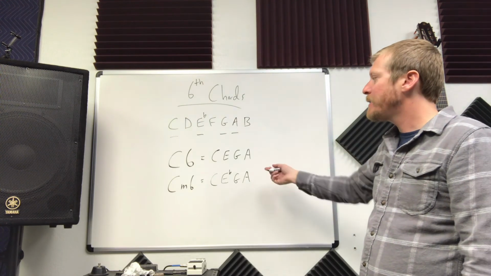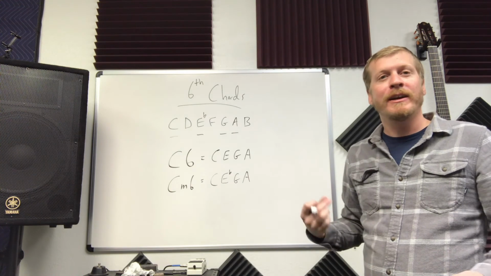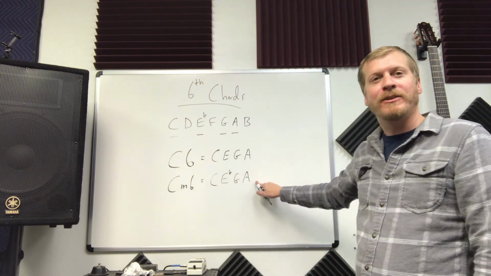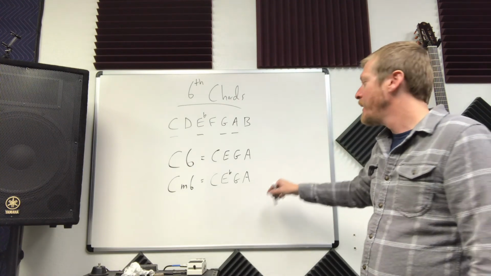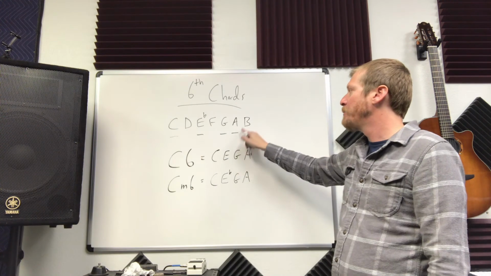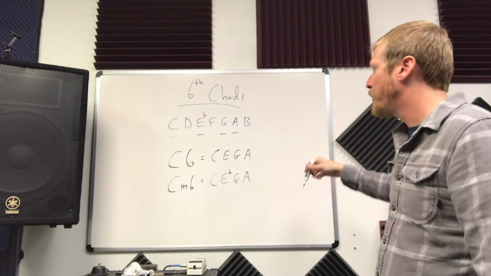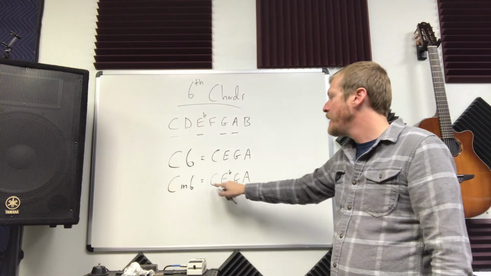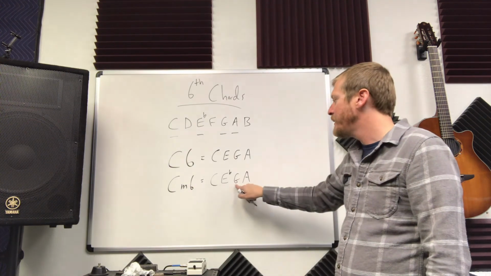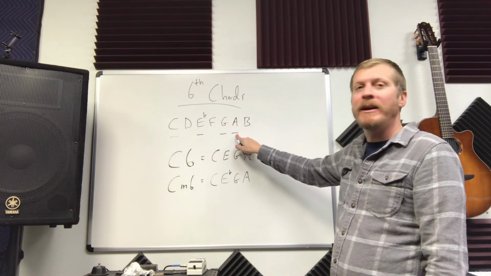Okay? These are actually slightly less common than a lot of 7th chords. Most people learn to play regular dominant 7th chords or minor 7th chords before they actually learn how to play 6th chords, especially on guitar. But just to understand the concept here, it's the same concept as a 7th chord, but we're going to have the 6th at the end instead of the 7th degree. Okay? Another thing that's important to note about a 6th chord is even though a C minor 6th chord has a minor triad in the chord, the 6th of the chord is still a major 6th.